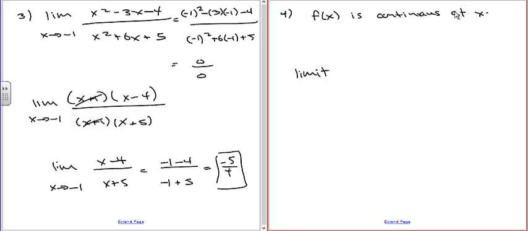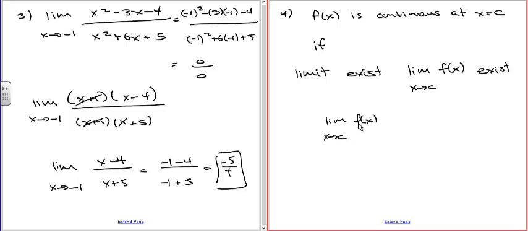At x equals c, the limit exists. So you could say the limit of f of x as x approaches c exists. The limit has to exist. The function doesn't have to exist for the limit to exist, but for continuity we have this requirement that the limit as x approaches c of f of x is f of c.